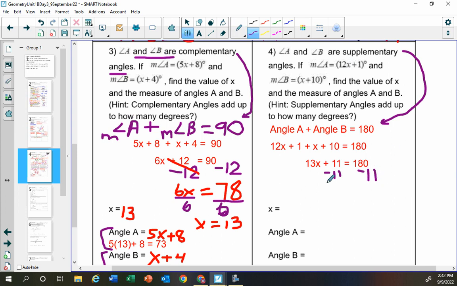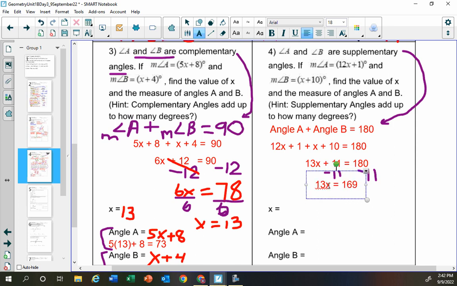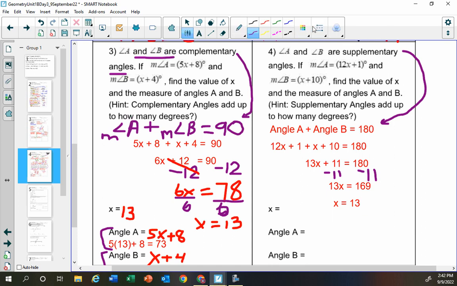Oh, that's 169. Yep, so 13x is going to be 169. And then x will be 13. Very good. Because in the end, you're going to divide both sides by 13. Yep. That's right. x will be 13.